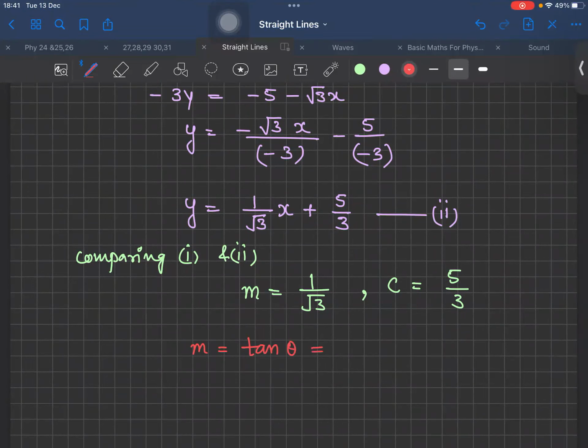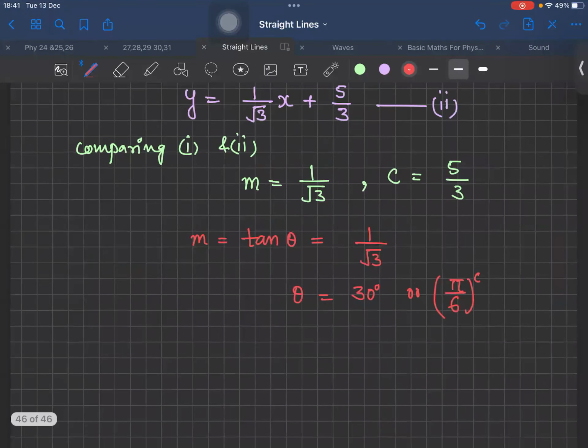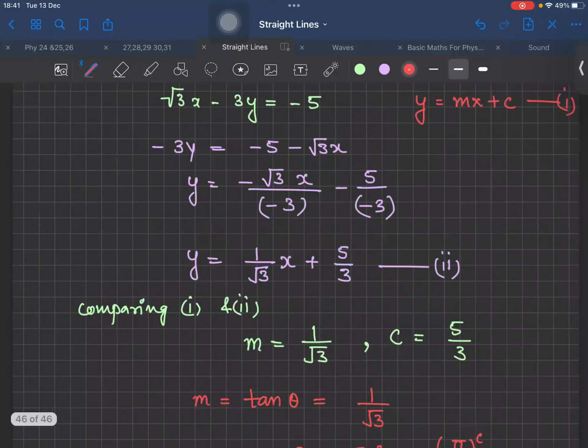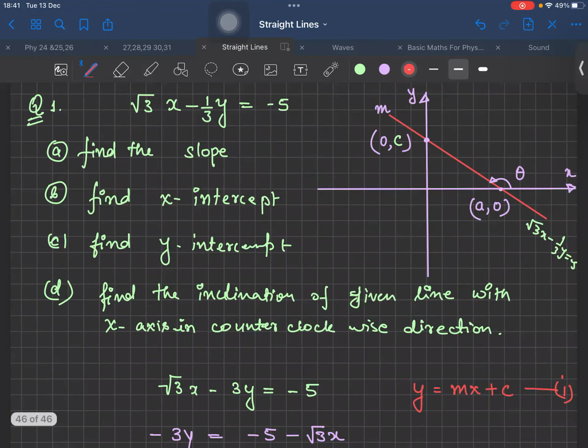The value of m is 1 upon root 3, so for what value of theta is tan theta equal to 1 upon root 3? 30 degrees, or in radians, pi by 6. So we got the value of theta, the value of m, and the value of c, the y-intercept.